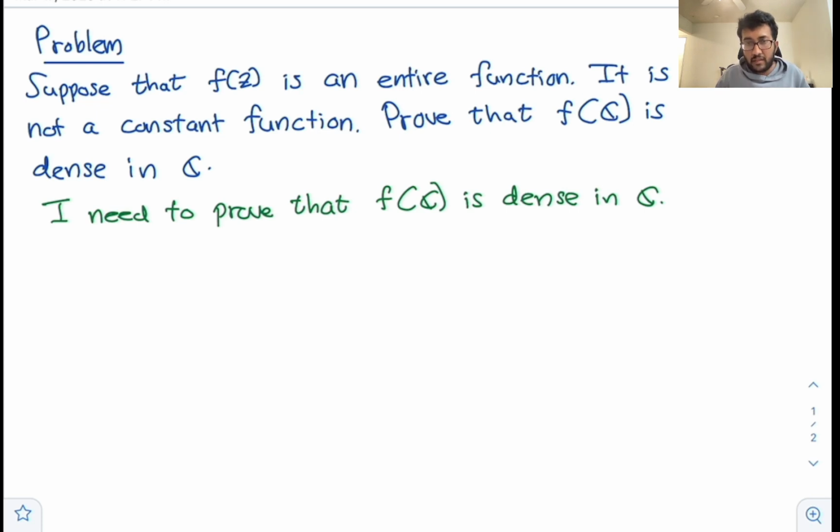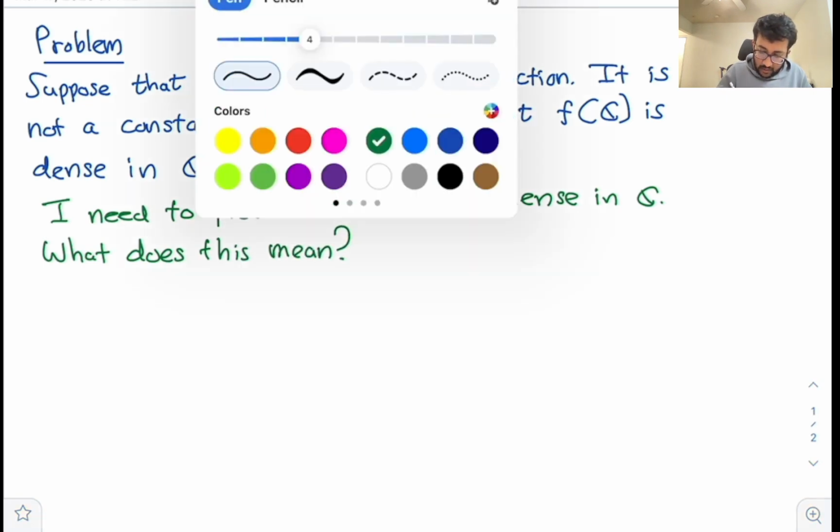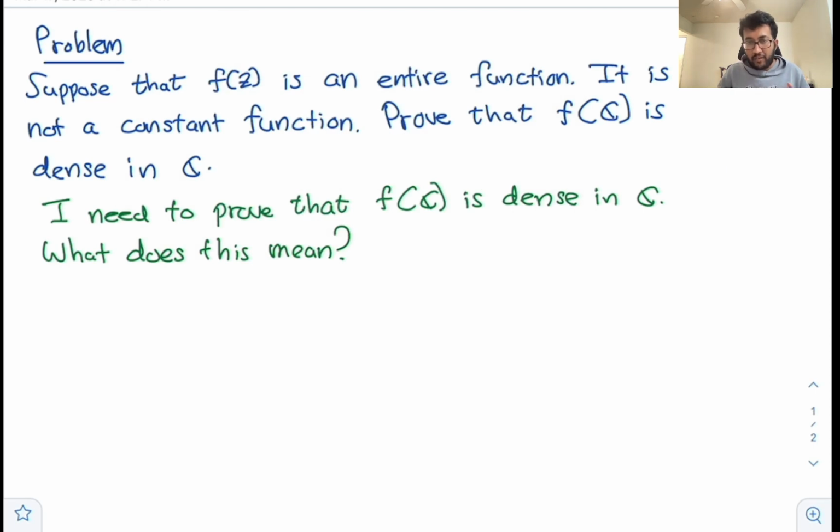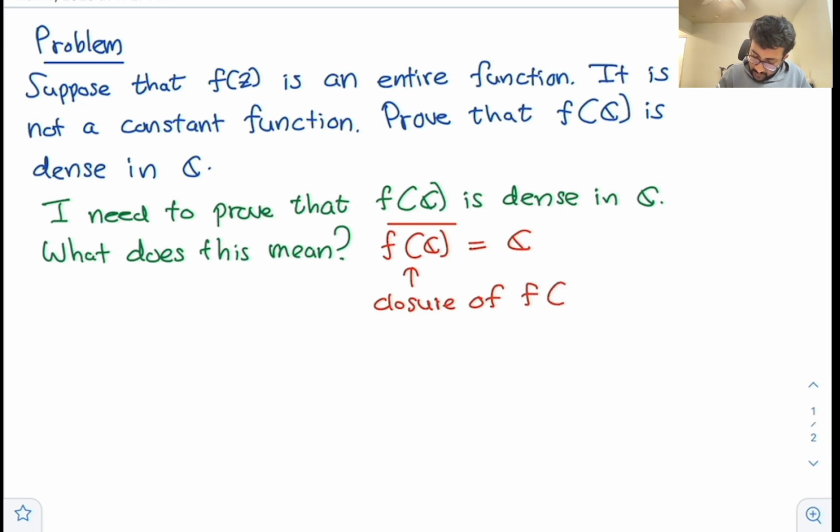What does that mean? If f(C) is dense in C, I need to prove that the closure of f(C) is going to be equal to C. This is the closure of f(C), or in other words, the closure of the image under this function.